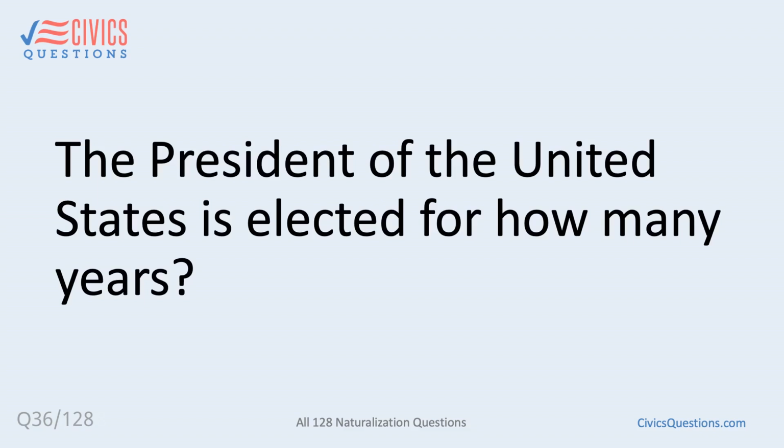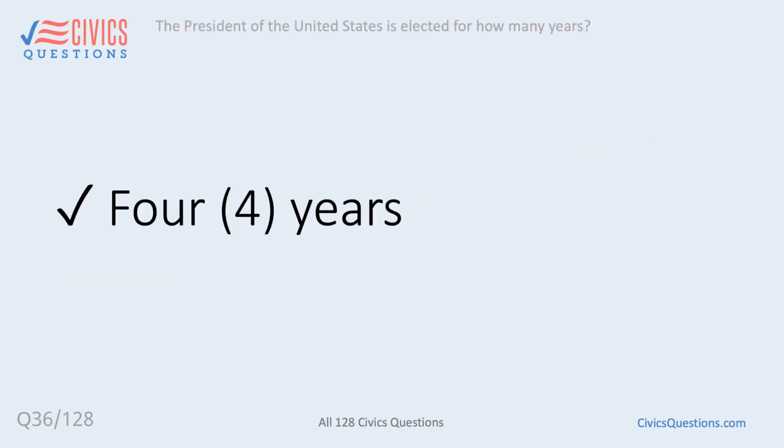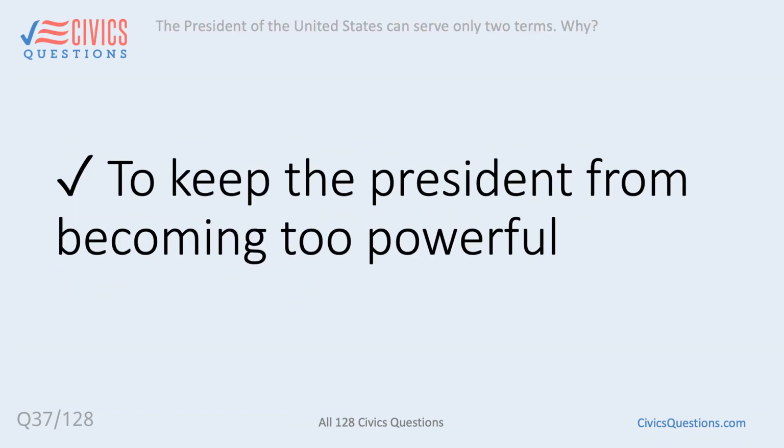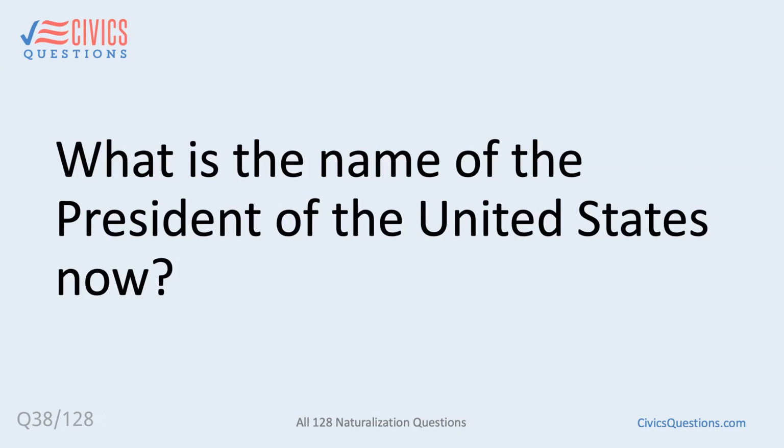The President of the United States is elected for how many years? 4 years. The President of the United States can serve only 2 terms. Why? To keep the president from becoming too powerful. What is the name of the President of the United States now?